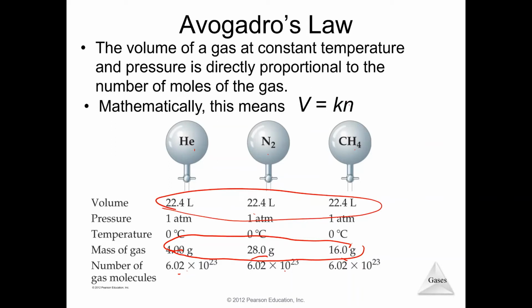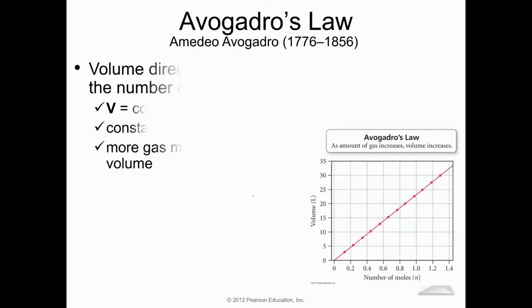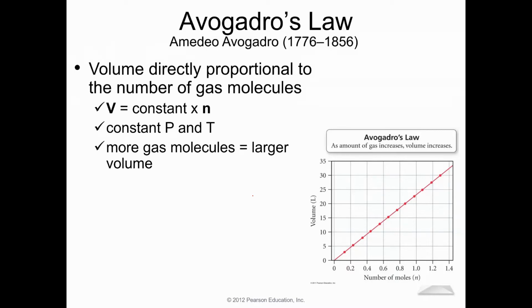They have a relationship to N, which is the number of moles. So in each of the cases here, you're referring to 1 mole. That's why they have the same volume. Right. Okay, back to Avogadro's law.